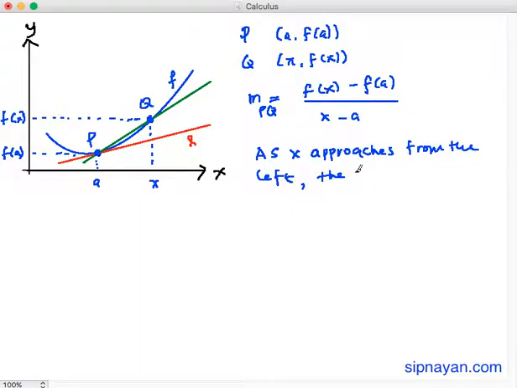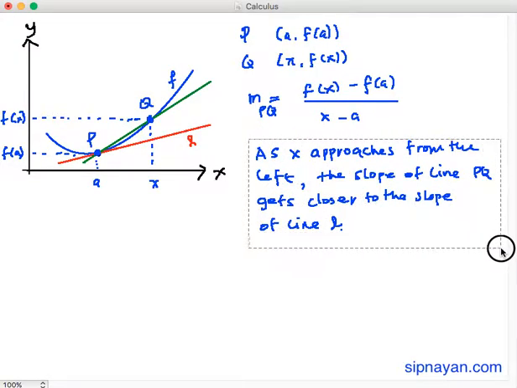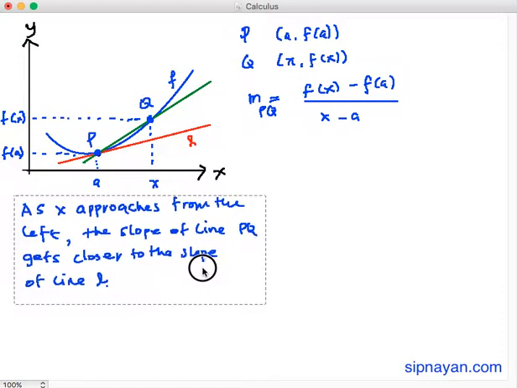The slope of line PQ gets closer to the slope of line L. And also, same lang, siguro dito natin lagay ito, no?